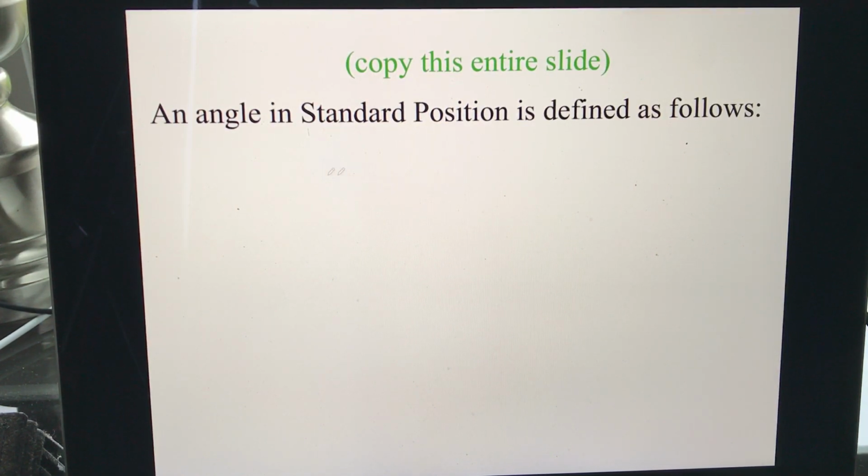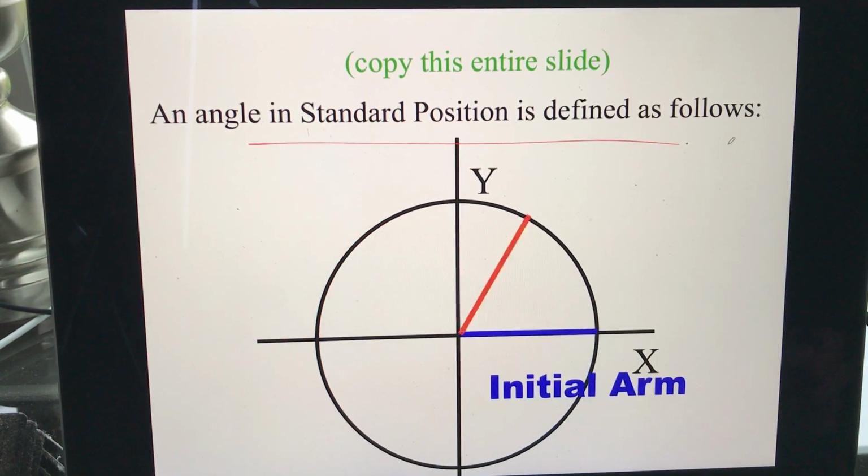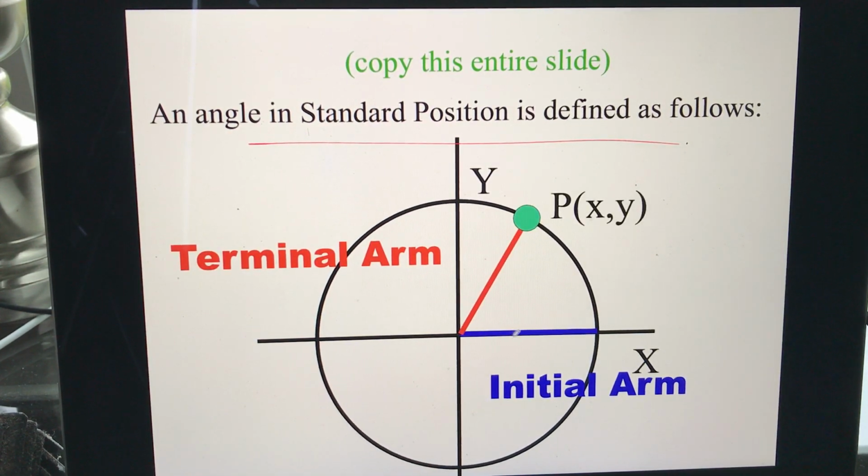So if you take the slide down here, an angle in standard position is defined like this. We have this initial arm, we have this terminal arm, and we have this point xy floating on the edge of the circle. Between the two arms, we have our angle theta.